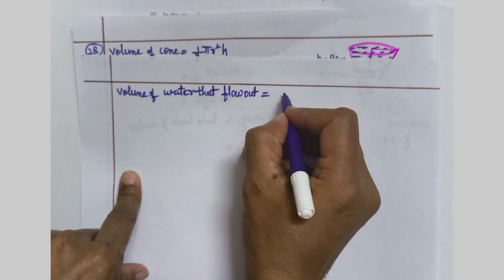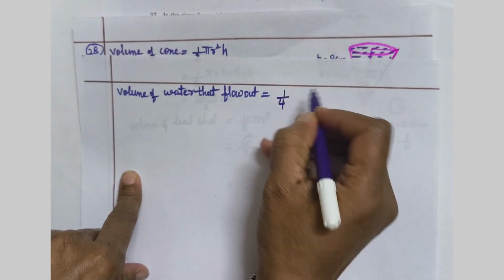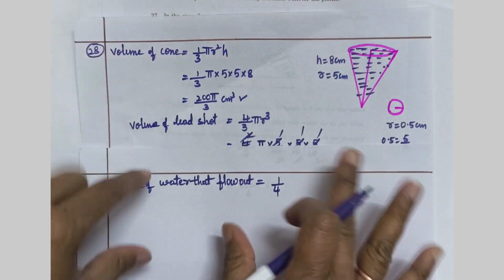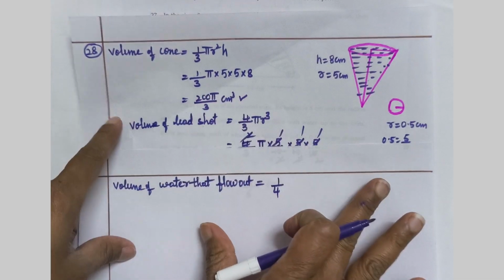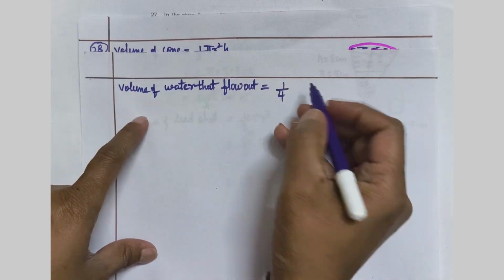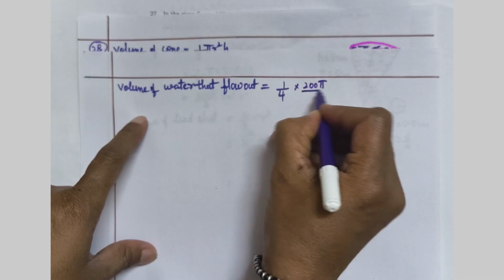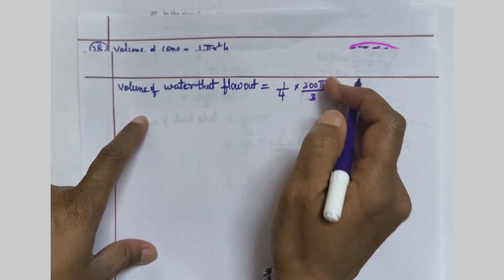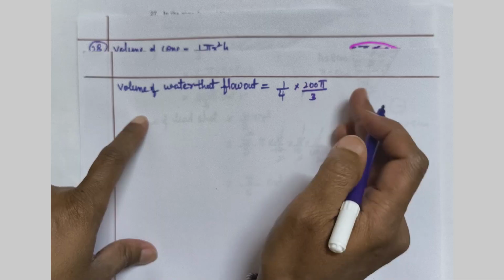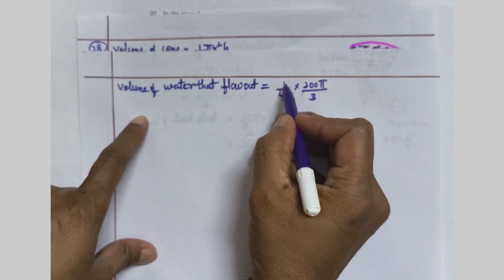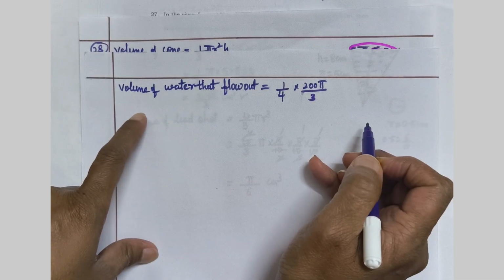So now you write here 1/4 of the volume of the cone. Just now you got the volume of the cone. How much is there? 200 pi by 3. This is the volume of the cone. Of this, 1/4 water flows out. So into 1 by 4 into 200 pi by 3.